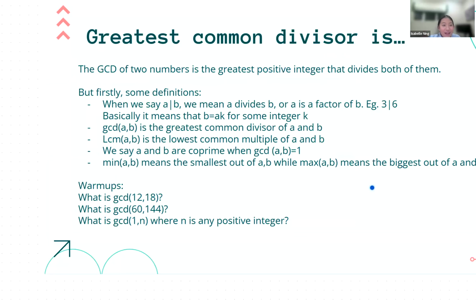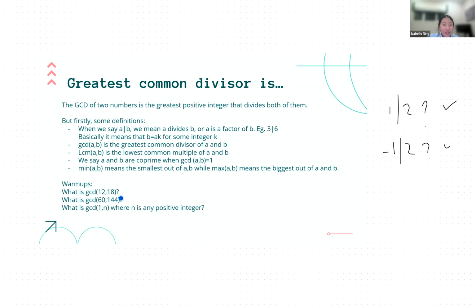And when A and B are coprime, it's basically when GCD of A and B equals 1. The minimum of A and B is denoted as min A comma B, and the maximum is denoted as max A comma B. So for example, min of 1 comma 2 equals 1.